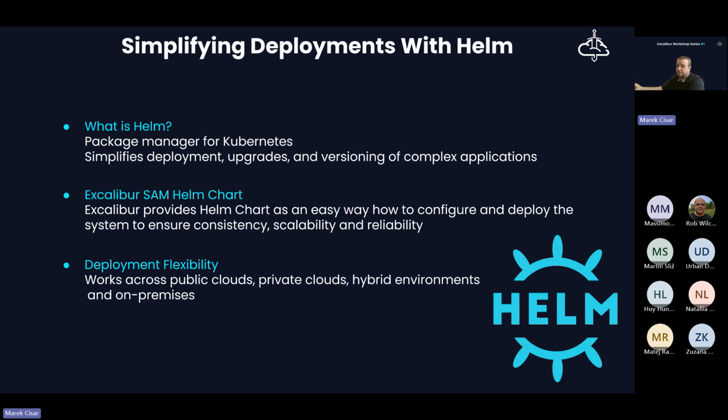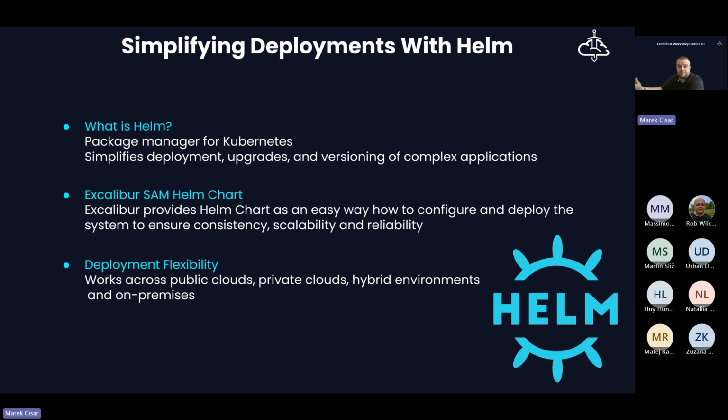If any change is needed during the regular operation of the existing deployment of Excalibur SAM, it is also possible. I will modify the values file, apply it using the Helm utility, and the Helm utility with the cooperation of the Kubernetes cluster will take care of the rest.